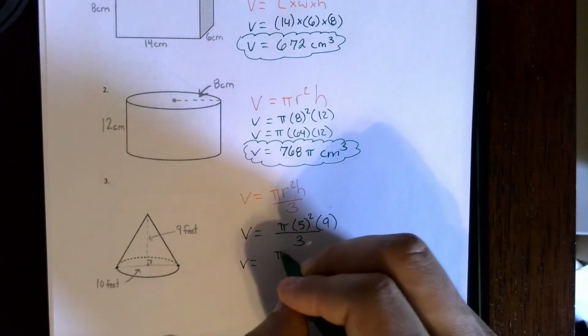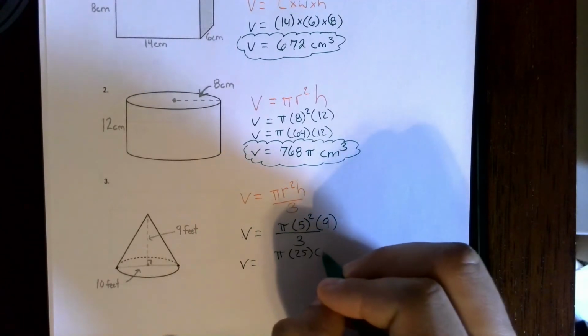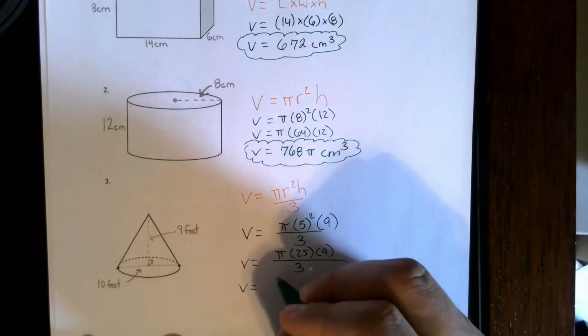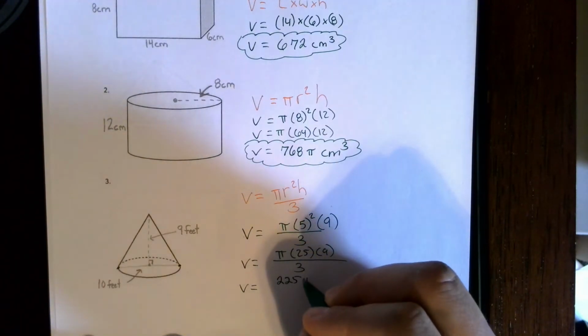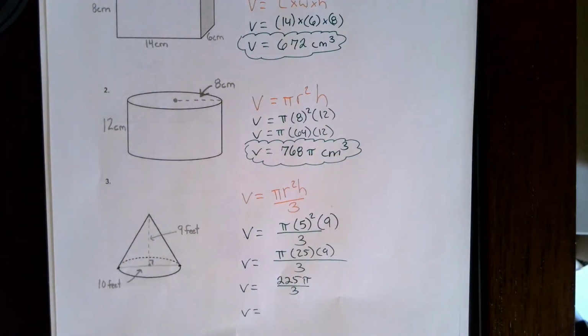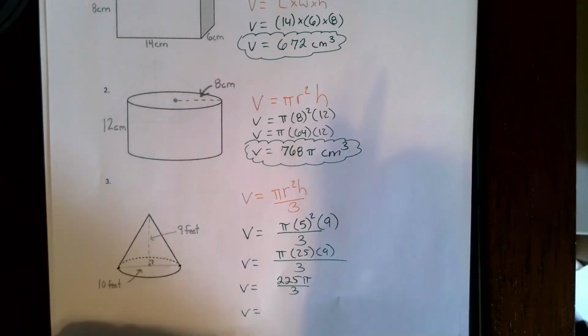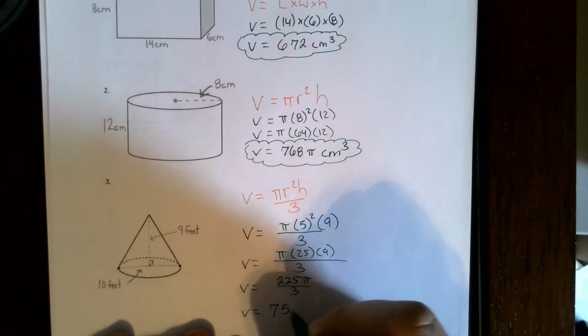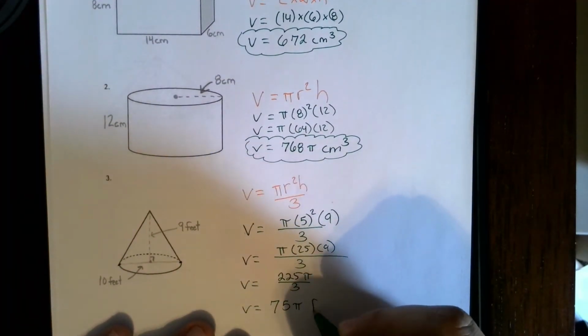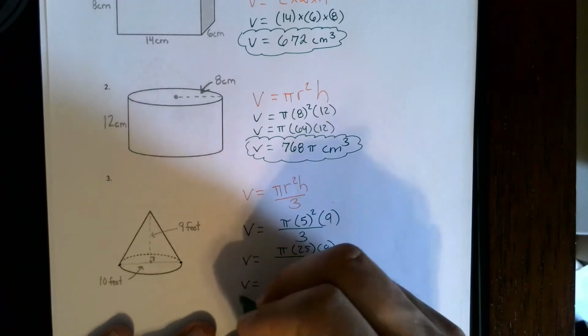We get pi times 25 times 9 divided by 3, which gives us 225 pi divided by 3. I do 225 divided by 3, and we get 75 pi cubic feet, or feet cubed.